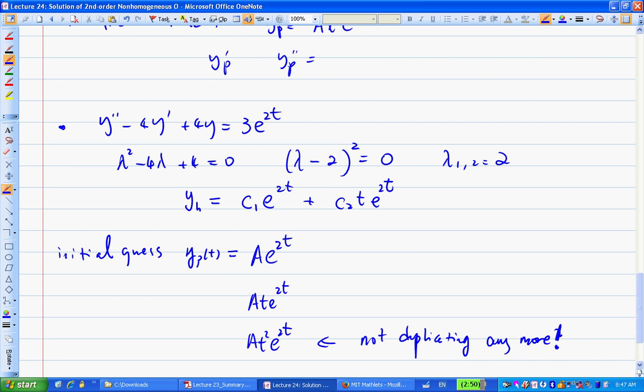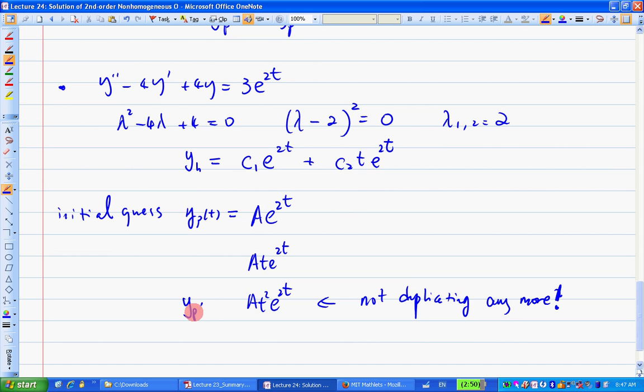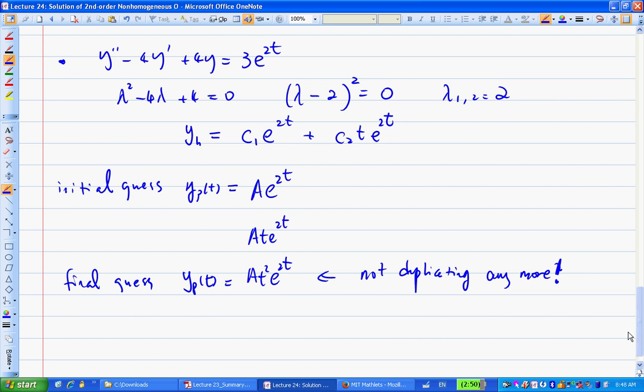So this is your yp here, your final guess. So you calculate yp prime, yp double prime, and solve for A. That's basically the general approach here.